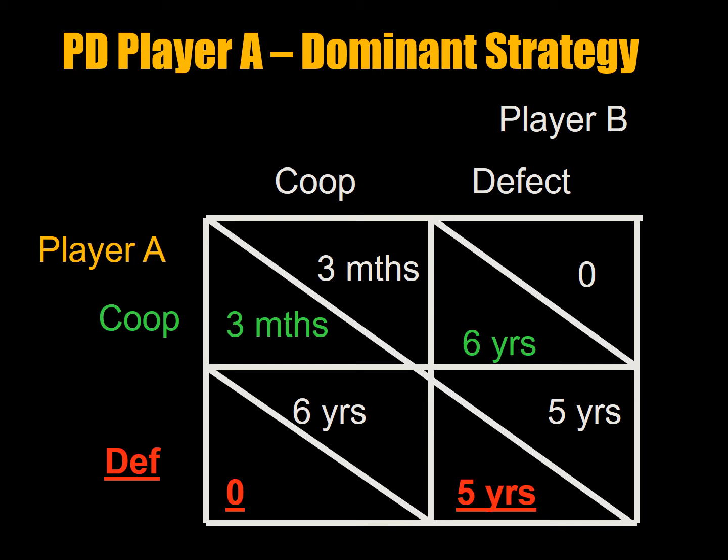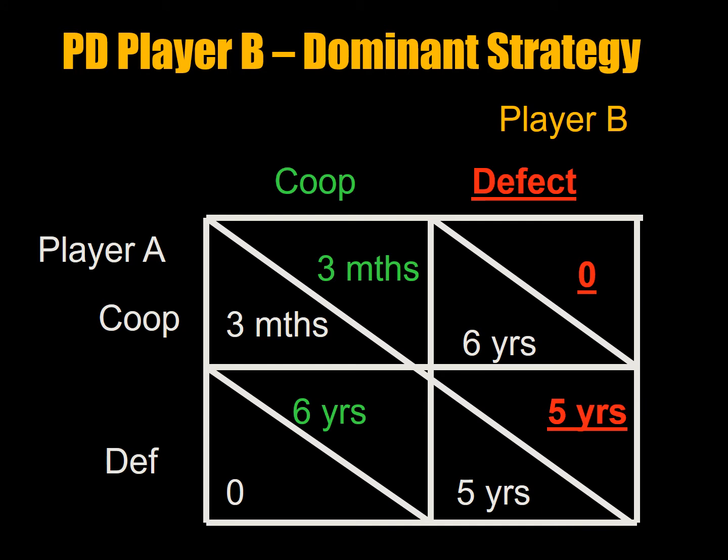Well, player A wants to minimize their time in jail, so player A is going to choose 5 years over 6 years. So in both cells, defection is superior to cooperation, because 0 time in jail is better than 3 months in jail, and 5 years in jail is better than 6 years in jail, so player A will choose to defect.